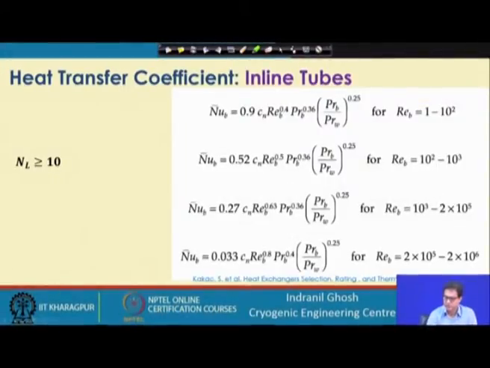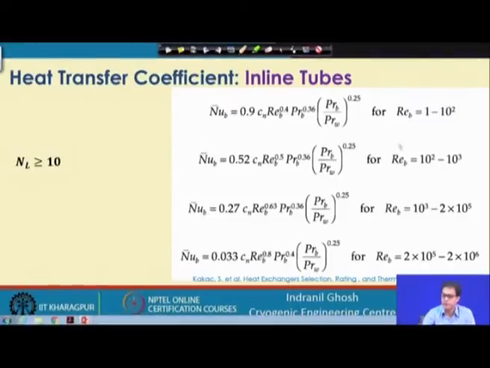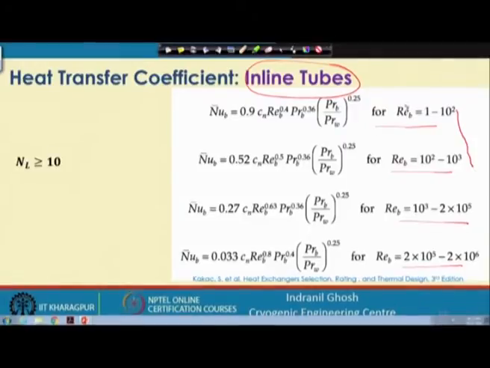in the heat exchanger selection, rating and thermal design part by Kakac et al. We find that this is defined as a function of the Reynolds number, with different ranges of Reynolds number and different correlations for the inline tube arrangements. So, depending on the Reynolds number or Re max, we will be able to find the appropriate Nusselt number.